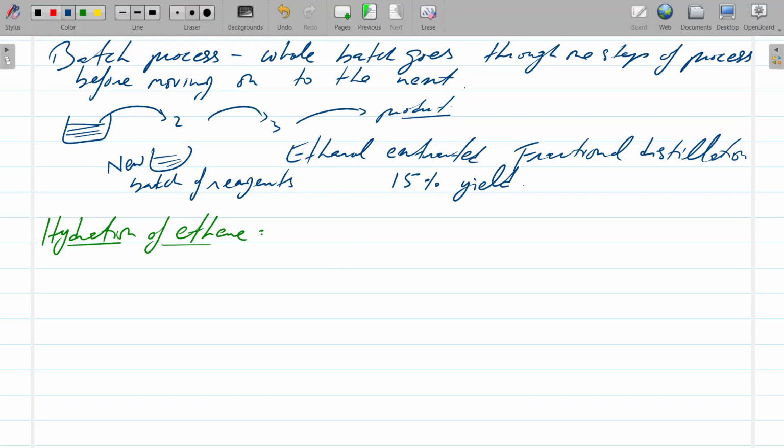Can you tell me what the formula of ethene is? Anyone? The formula for ethene? Ethene has two carbons and five... No. Two hydrogen. Carbon and two hydrogen.